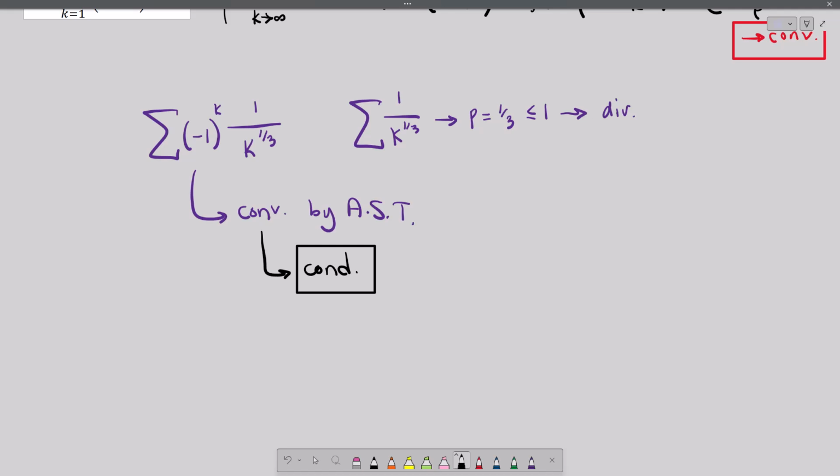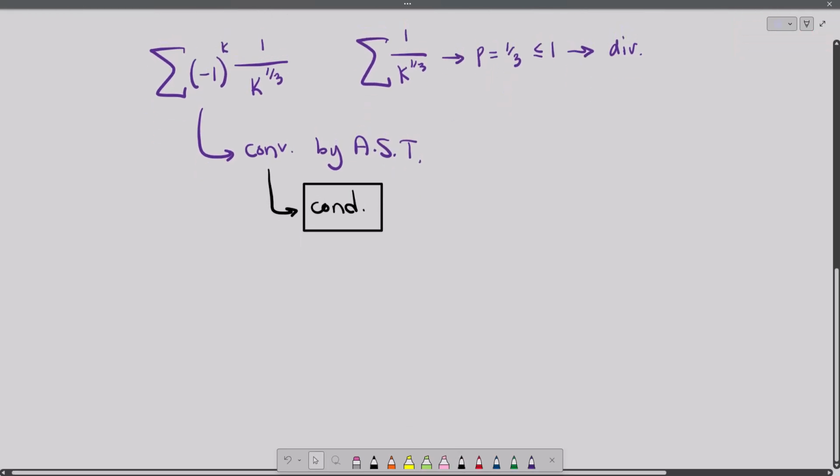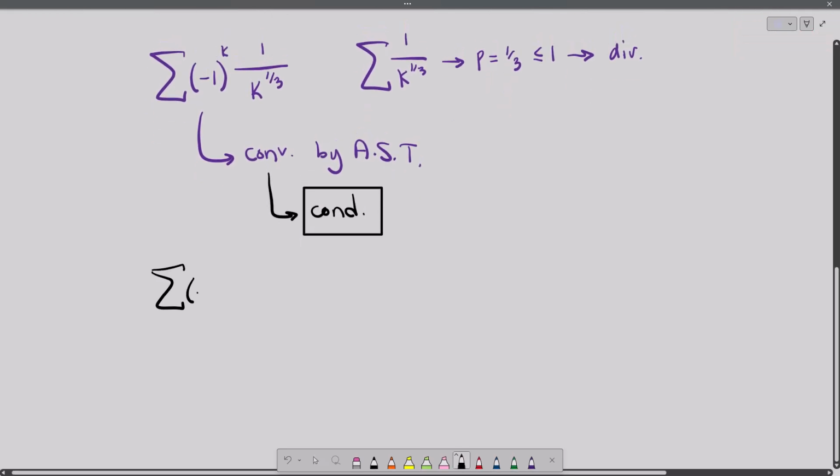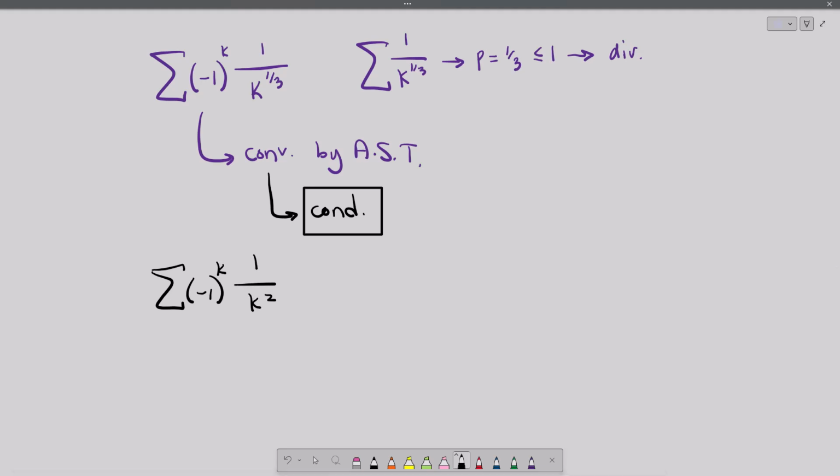All right. Now what if we change this and look at -1 to the k, 1 over k squared? As it is, alternating series, converge or diverge? Converge, because you take the switch away and the a sub k goes to 0 in a decreasing manner. Does it converge absolutely or conditionally?